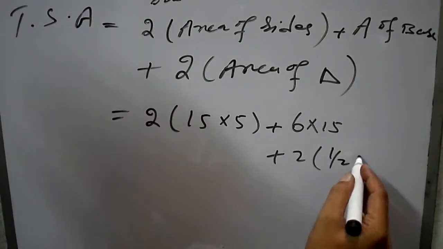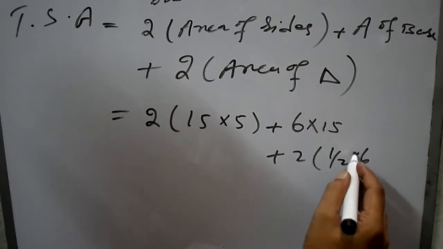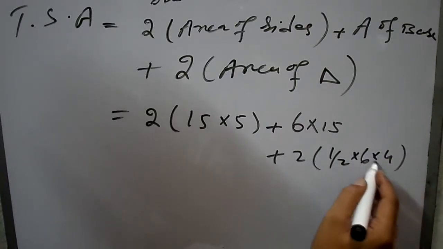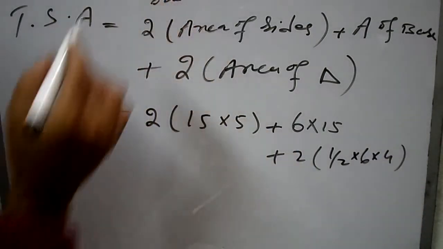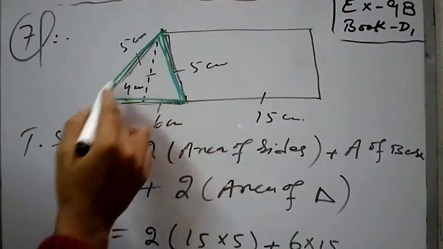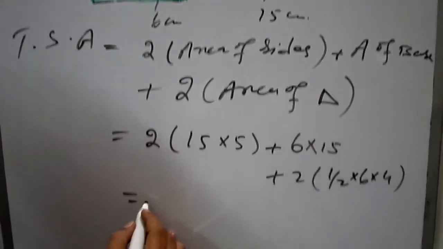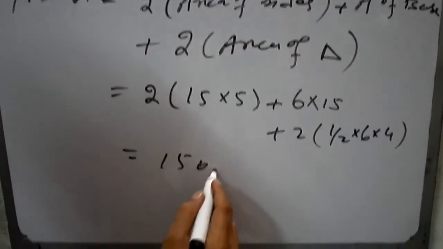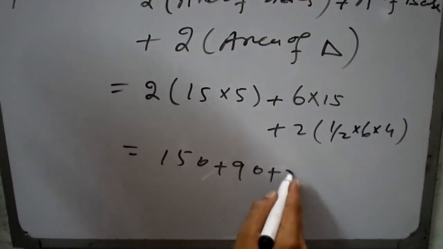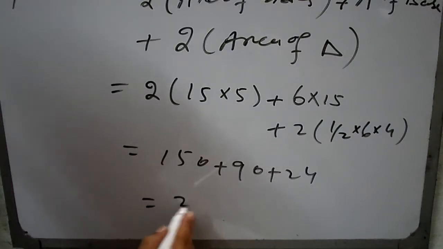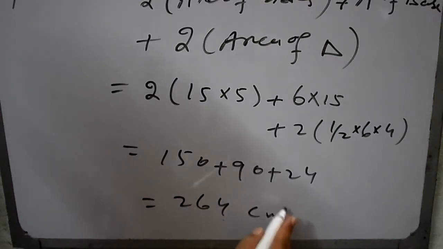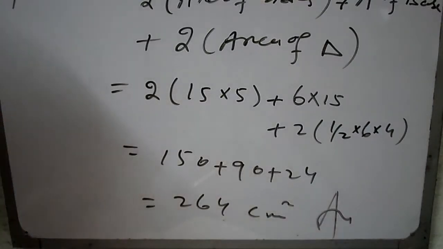Triangle is half into base into altitude or height, and height is 4 centimeter, given to you in your configuration. By putting the values and simplifying, you will get 150 plus 90 plus 24, which is 264 centimeter square. That is the total surface area, your required result.